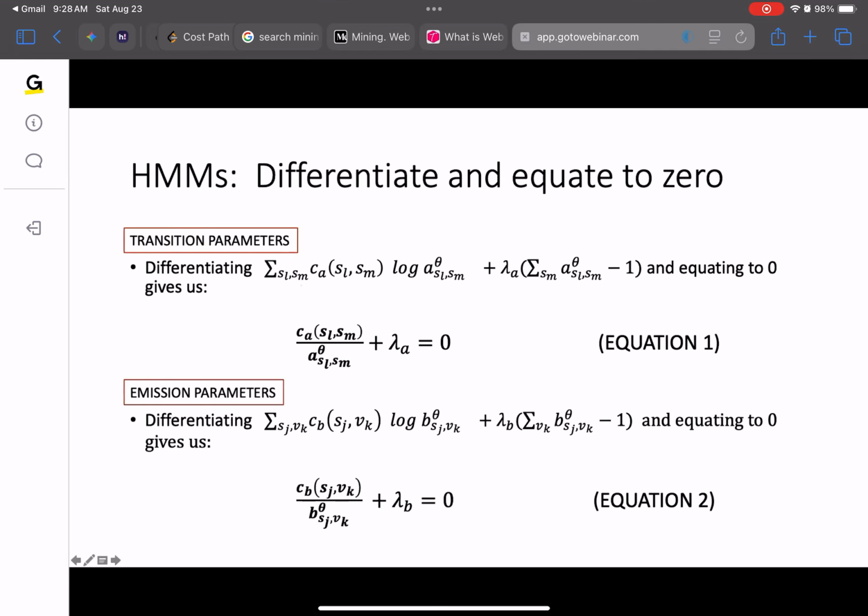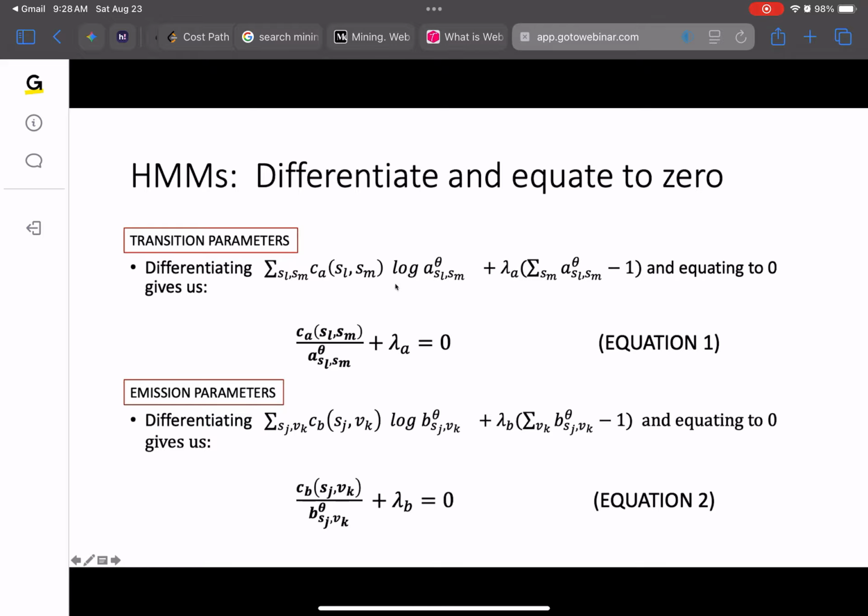In this objective function, we have to differentiate with respect to A_{s_l, s_m}, which are the transition parameters we are interested in estimating.